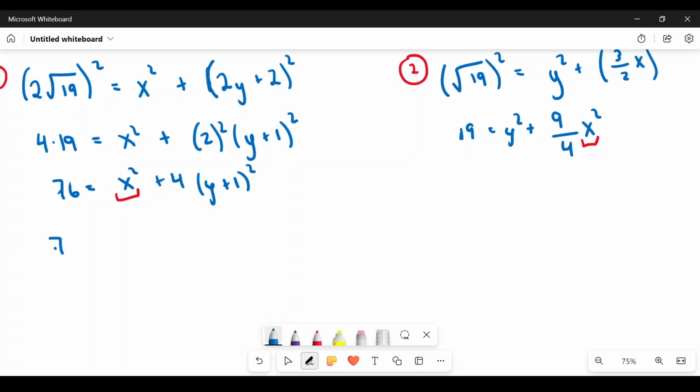For example, here, I could write 76 minus 4 blah, blah, blah. So in equation number 1, I get that x squared is equal to that. Now in equation number 2, I'm going to multiply everything by 4.